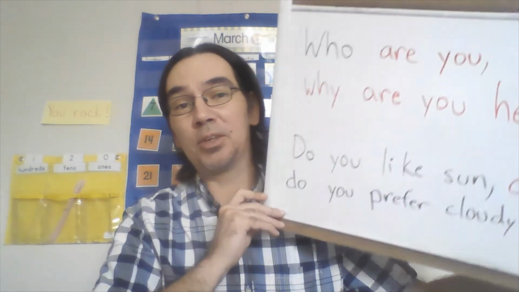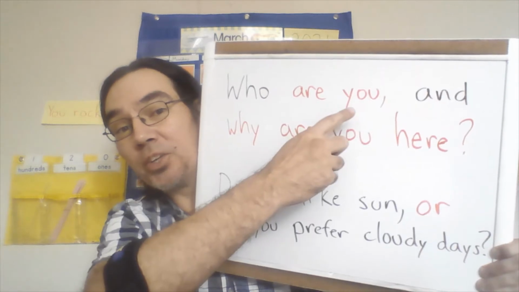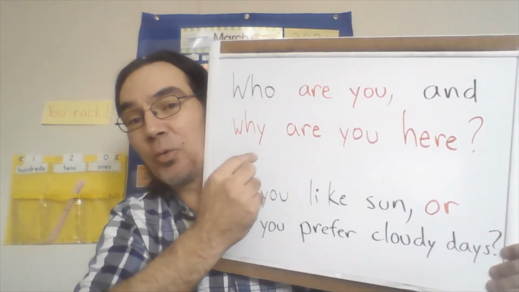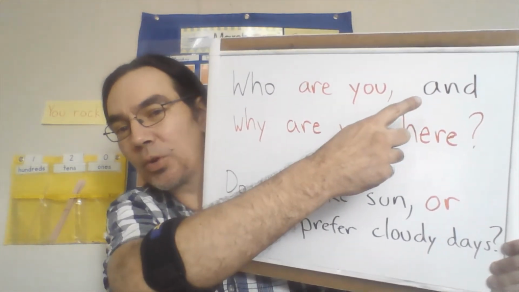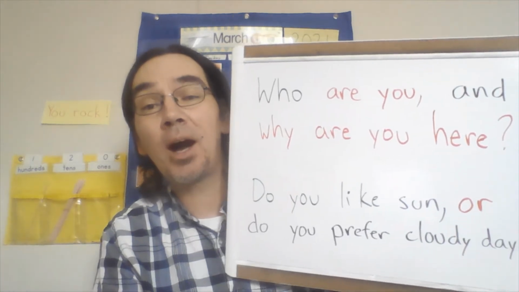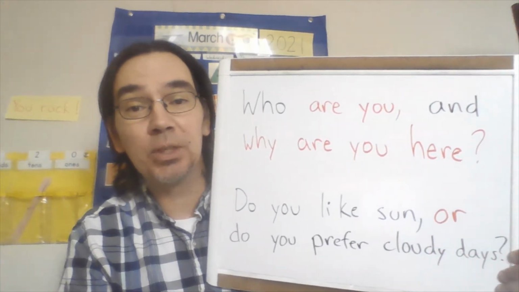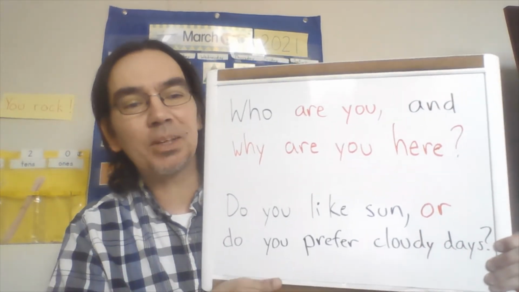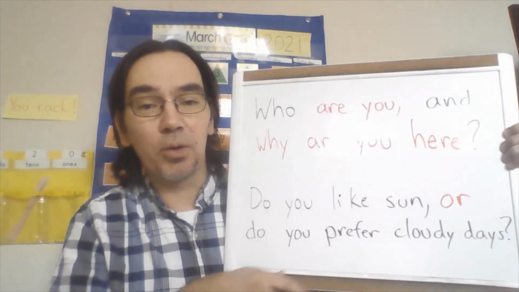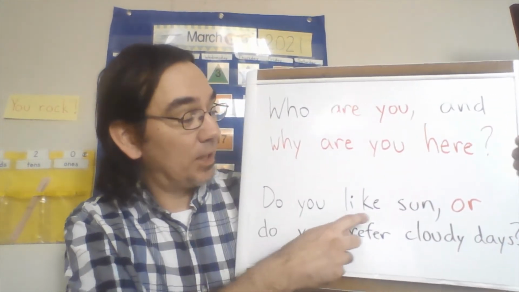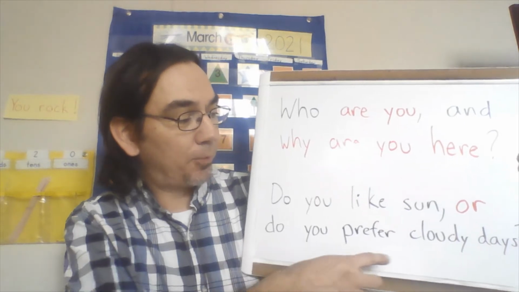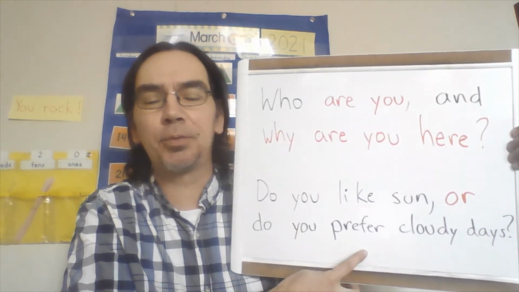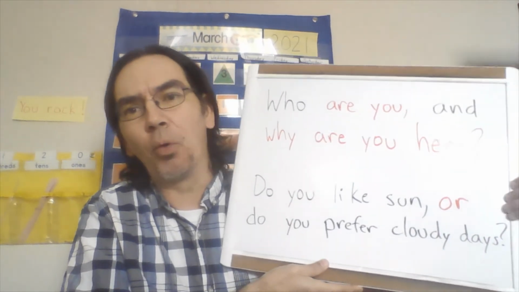Or you can make a compound question out of it. And you could say, who are you? And why are you here? So using the word and, you can create a compound question out of two simple questions. And do the same with or. Do you like sun? Or do you prefer cloudy days? And prefer is do you like more, basically.